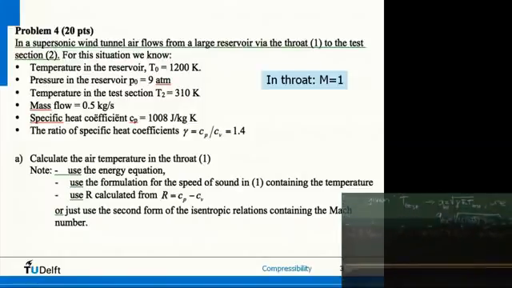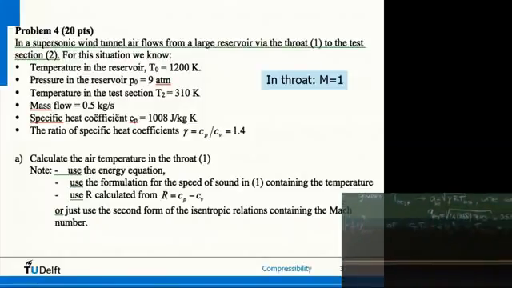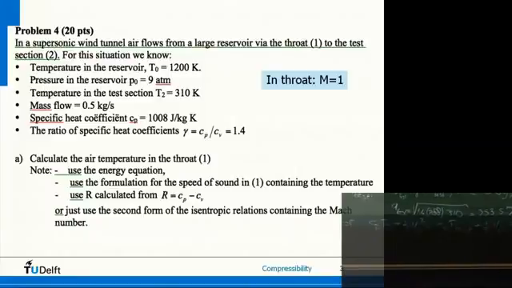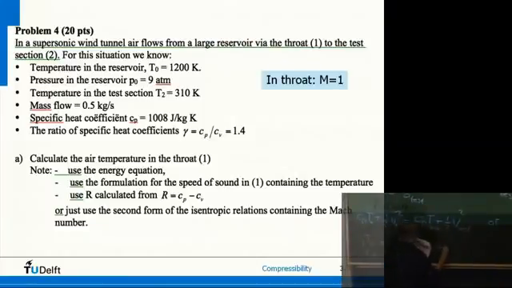And I chose the reservoir. So we have CPT0, and then V0 is almost 0, so that's equal to CPT test plus a half V test squared. So V test is equal to the square root of 2 times (CPT0 minus CP T test).